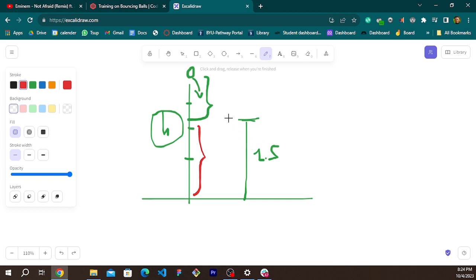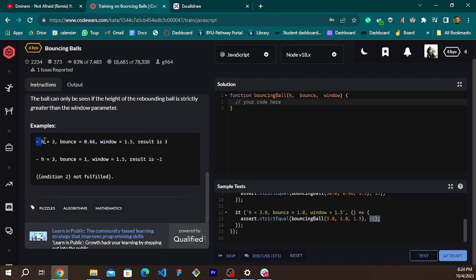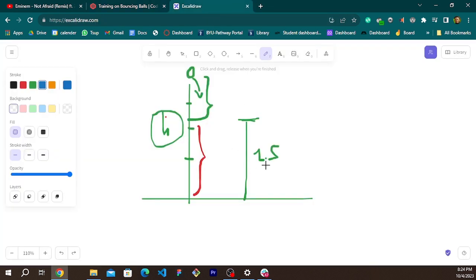So I think the logic is that h will be reduced each time, because the first time h will be maximum. Here they provide an example: h is 3, bounce is 0.66, window is at 1.5, and the result is 3. That's what I was trying to mean.